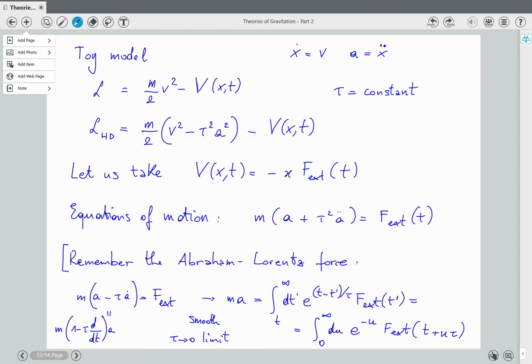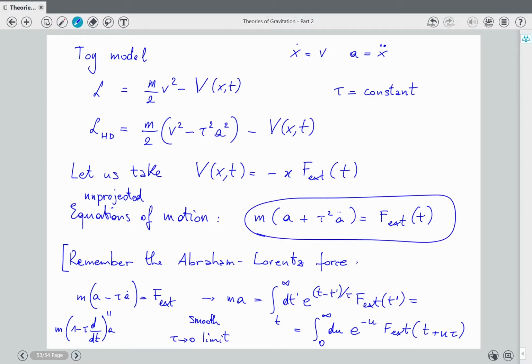So this is the unprojected equations of motion, because we have unwanted runaway solutions, and if we want to quantize them as fakeons, then in the classical limit we will have new classical field equations, which will be a projected one, not this one.